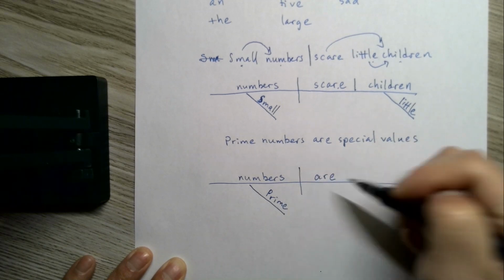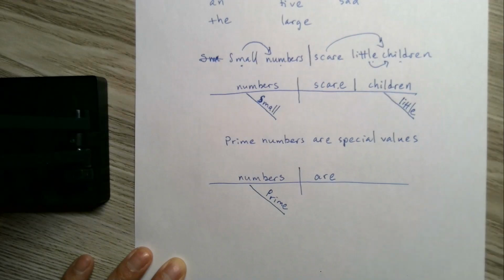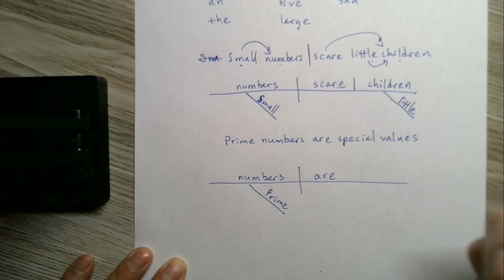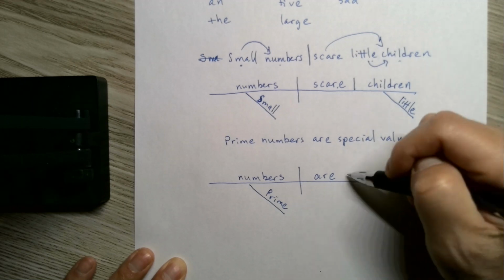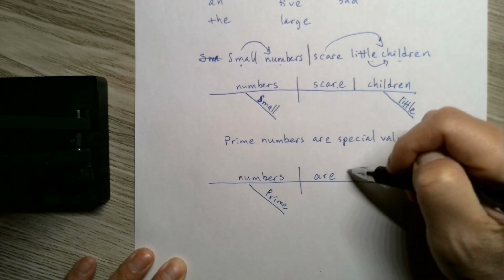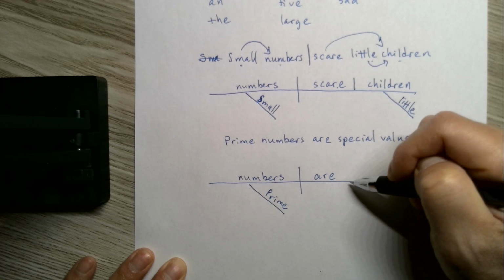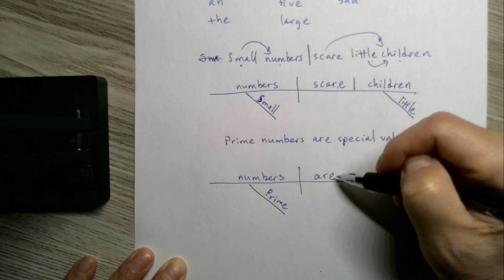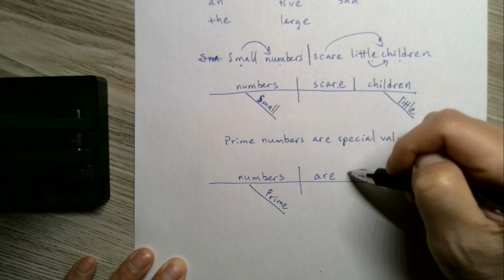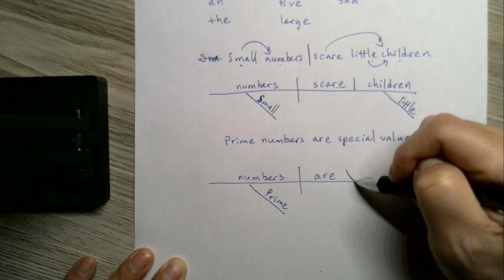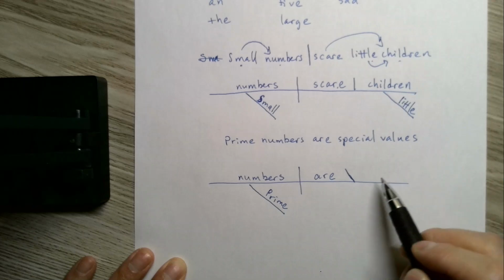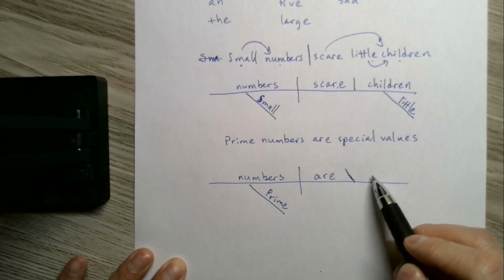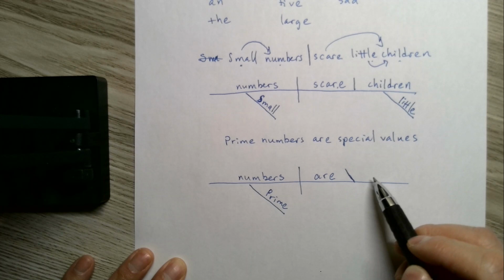Are is our verb, but it is a to be verb, so are can't take a direct object. So I'm not going to draw a vertical line here because remember that's reserved for separating verbs and direct objects. So I will draw a diagonal line that does not go through the horizontal line so that the reader knows whatever comes after is going to either be a predicate nominative or a predicate adjective.